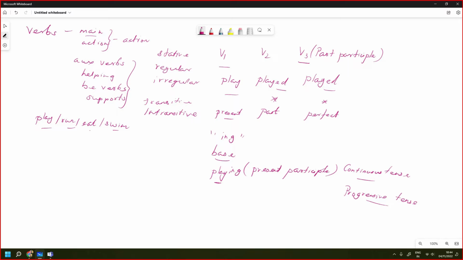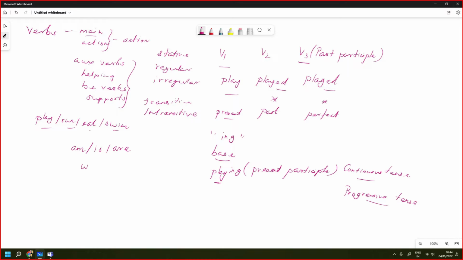There are different types of verbs, but we are focusing only on the main verb and the auxiliary verb here. The main verb always represents an action. An auxiliary verb depends, because there are different types of auxiliary verbs. For the present tense, the auxiliary verbs are am, is, and are.